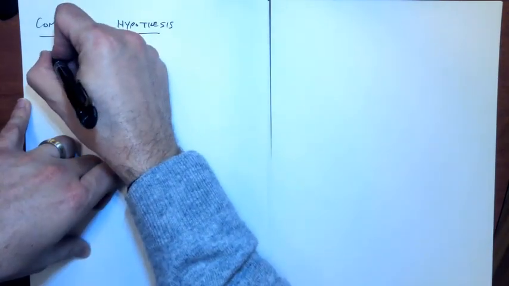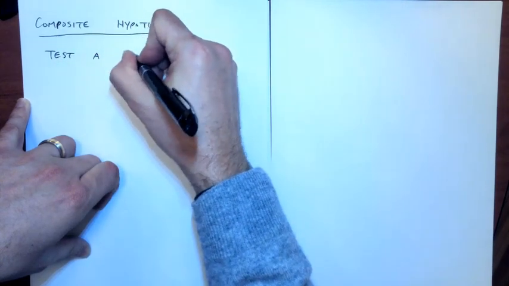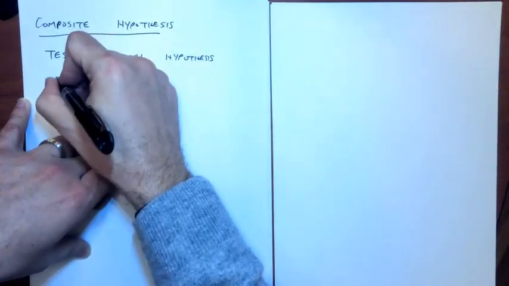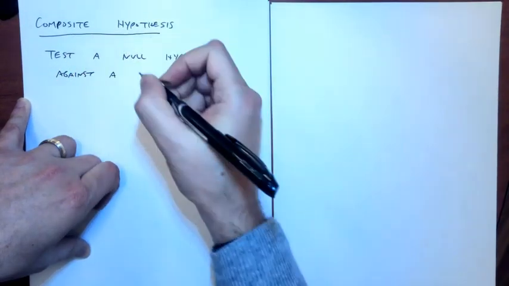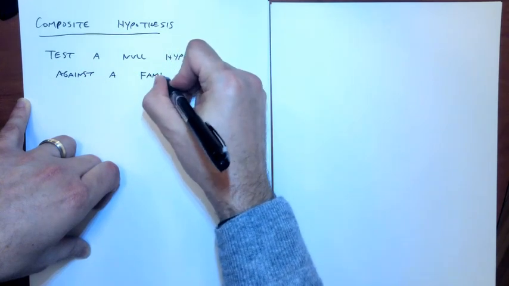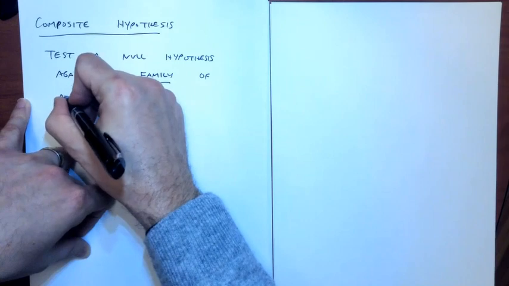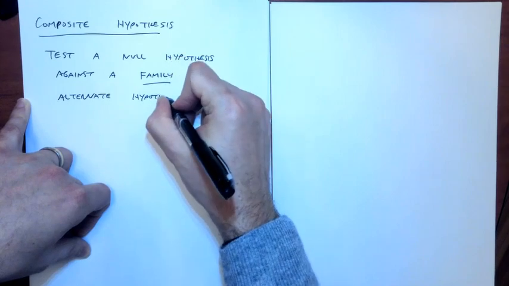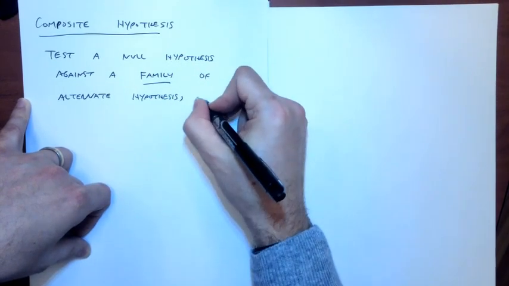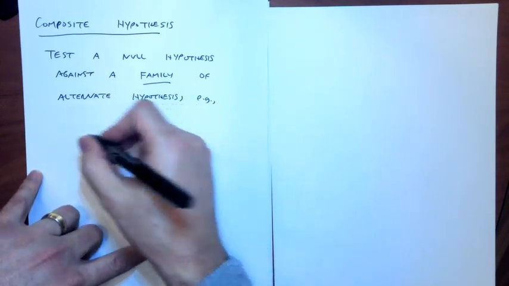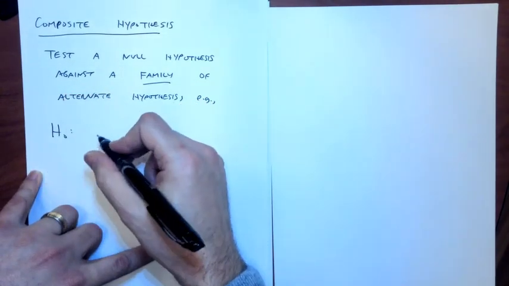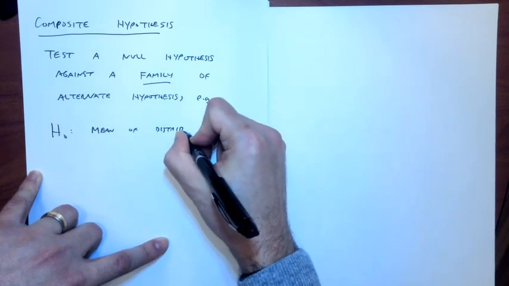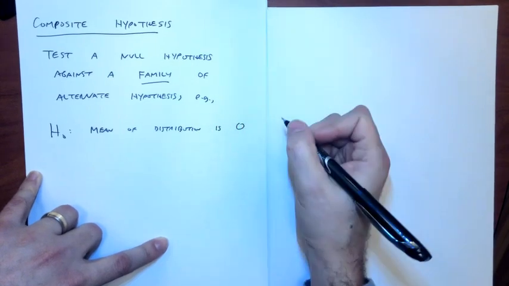So this is like saying we're testing a null hypothesis against a family of alternate hypotheses. What I mean by that, for example, is maybe the null hypothesis is that the mean of the distribution is 0, okay?